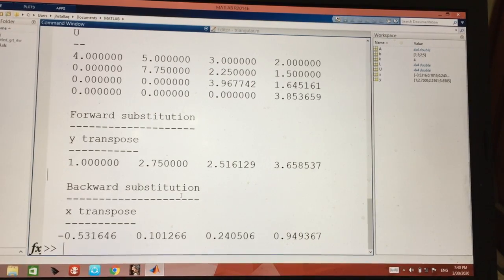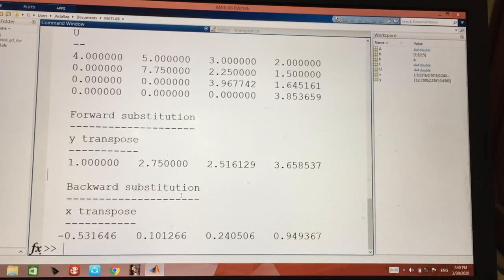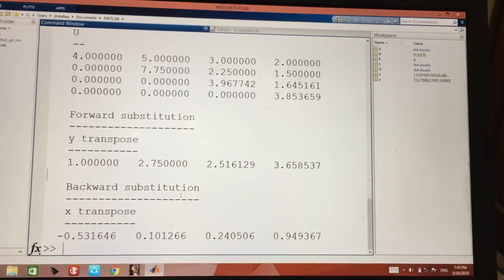So this is a back substitution. And here, let's correct that. There's a mistake here. This y3 minus u34 times x4. Okay, x4 we know.